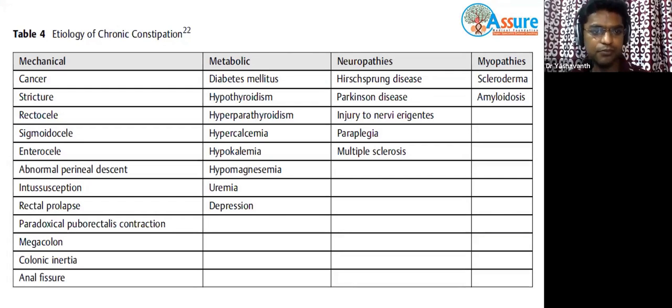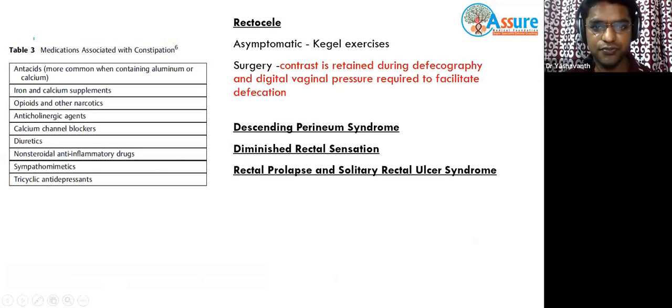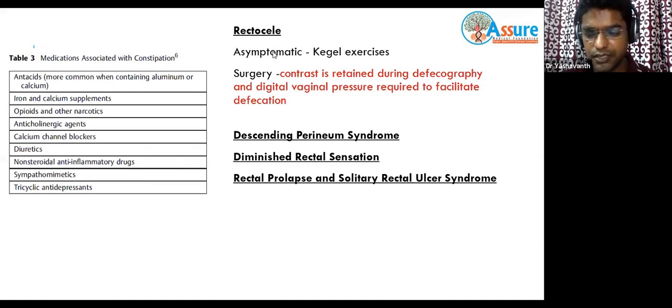This table I felt was easier for you to list out the causes, but what I want to discuss is these few. So one is rectocele. Rectocele can be asymptomatic or symptomatic.